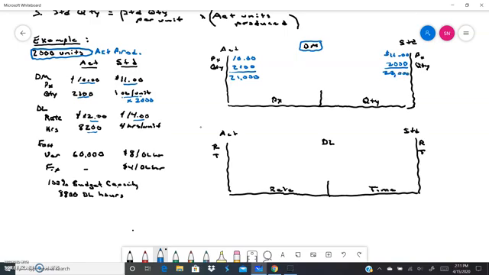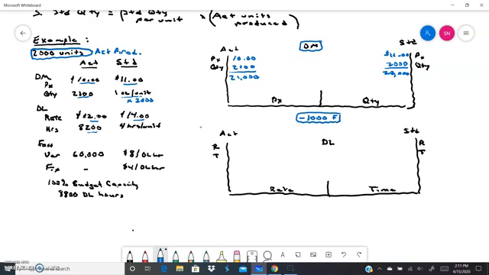So for our total variance, we're going to take 21,000 minus 22,000. We're going to get minus $1,000. And a minus is a favorable variance. So our total variance is favorable by $1,000.